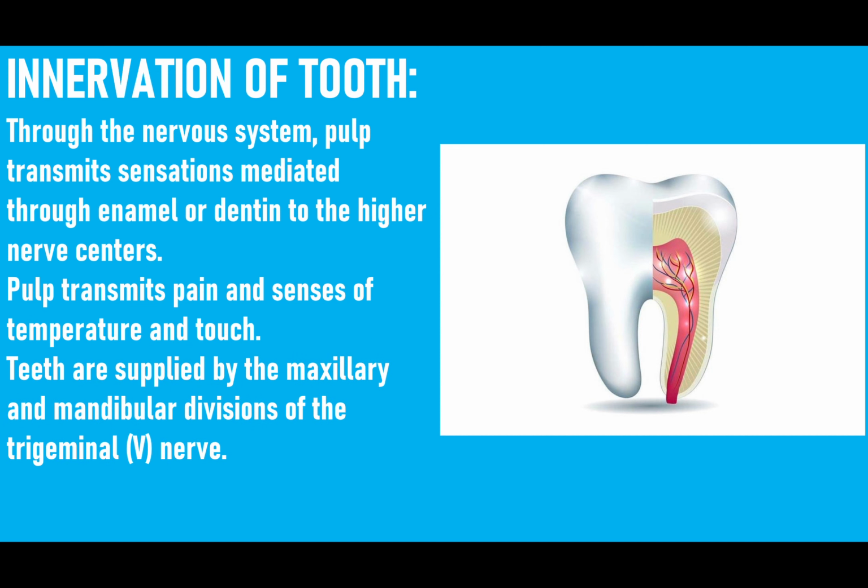Teeth are supplied by the maxillary division of the trigeminal nerve in the case of maxilla, and the mandibular division of the trigeminal nerve in the case of mandible. So on the whole, the innervation of the tooth is through the trigeminal nerve that goes into maxillary and mandibular divisions, and then these branches further divide and enter the tooth and the dental pulp, and thus provide innervation of the enamel, dentine and pulp, all the tooth.